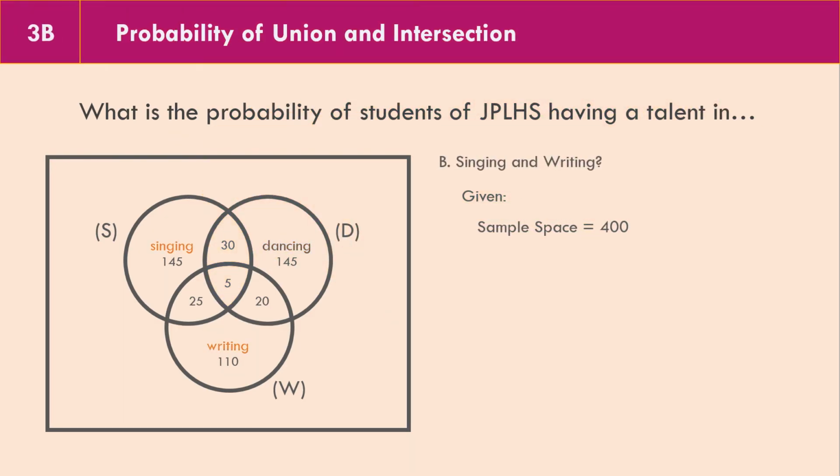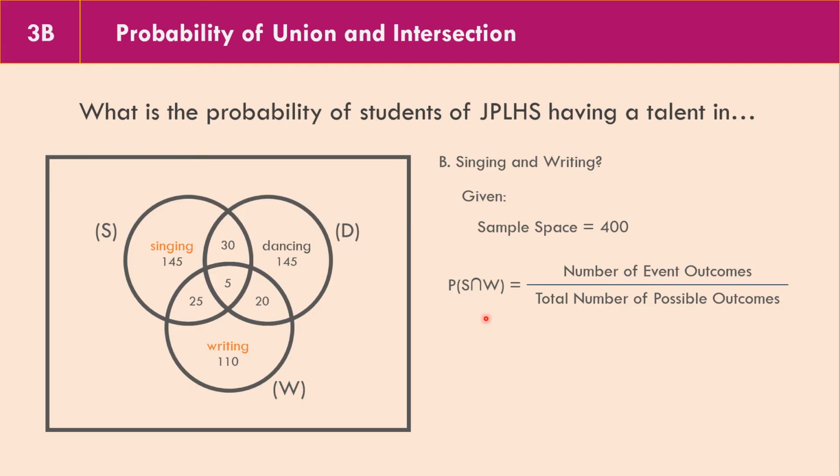How about letter B? What is the probability of students of JPLHS having a talent in singing and writing? The sample space is equal to 400. So let us get now the probability of singing and then writing. Let us get the number of event outcomes. The number of event outcomes could be the intersection of singing and writing.